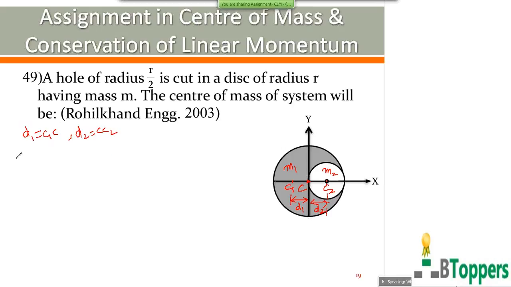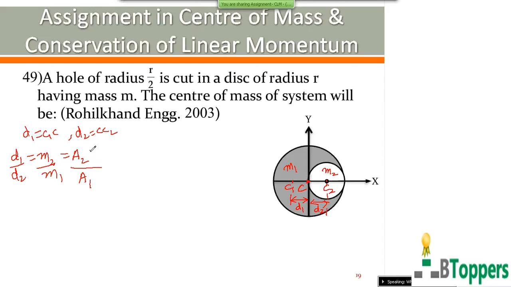As we discussed earlier, for a system of two masses M1 and M2, the ratio of the distances of the two particles from their center of mass will be in the inverse ratio of their masses. And the ratio of masses M2 and M1 is equal to the ratio of the areas, because the uniform plate has the same thickness and density throughout.